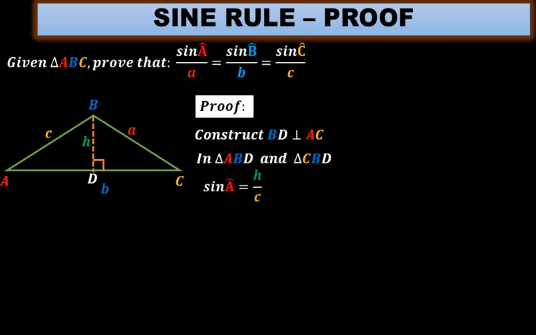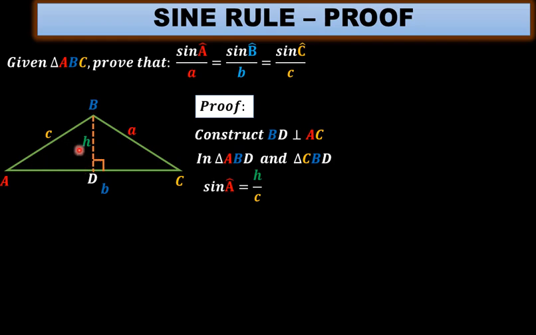Then what is it that we see in these two triangles? One, in triangle ABD, if angle A is our reference angle, it means we know two sides, and one of the sides that we know is H, and then we also know C. And remember, C is the hypotenuse of triangle ABD, since this angle is 90 and the hypotenuse is always opposite a right angle.